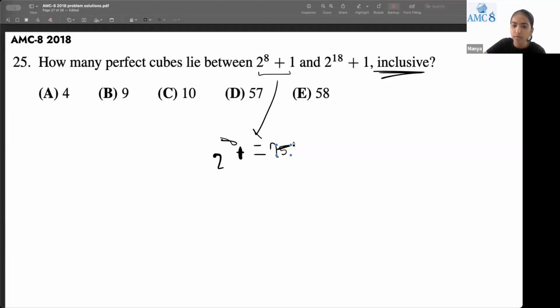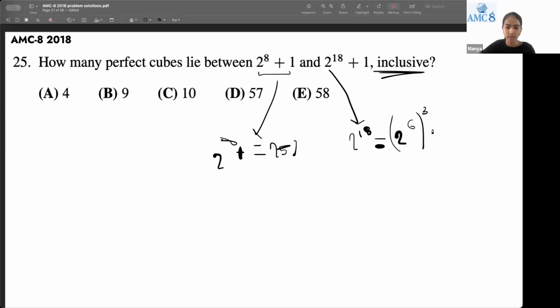Since 2 to the power of 18 is such a big number, we don't need to calculate everything. So we can write this in a simpler way. 2 to the power of 18, we can ignore the plus 1 for now, is going to be equal to 2 to the power of 6, in parentheses, to the power of 3.